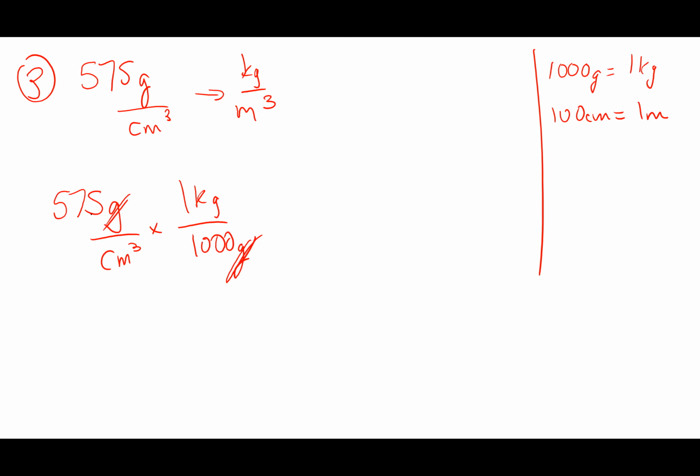Now, the centimeters cubed, I want to change that to meters. So I have my 1 meter on the bottom and I have my 100 centimeters on top. But the thing is, I need to cube or raise these numbers to the power of 3. And this is a button on your calculator. If you have a Casio calculator, you will find the exponent button.